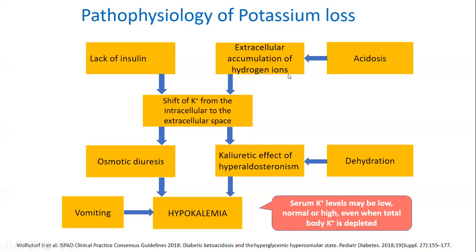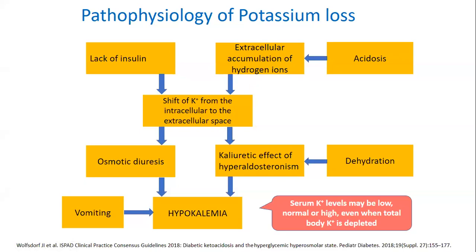So there will be an exchange of hydrogen ions and potassium ions. Hydrogen ions will go into the cell, potassium ions out of the cell, so from the intracellular space to the extracellular space. And this will eventually lead to osmotic diuresis and hypokalemia.